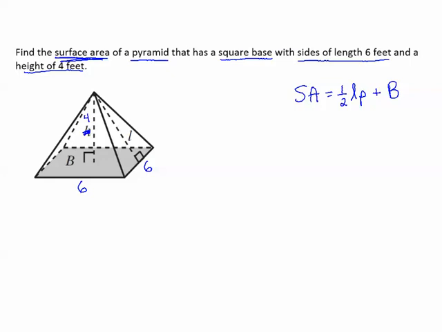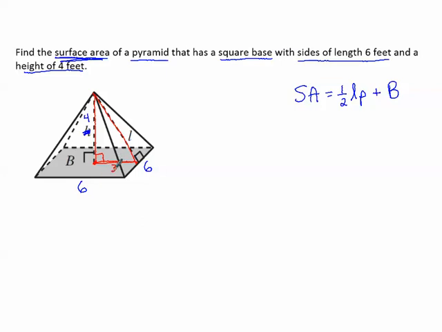So remember that the slant height can be found by looking at this right triangle and using our Pythagorean theorem. The height is 4. The base of the triangle, well, it's not given, but if all the way across is 6, this triangle starts at the center and goes to the edge, so that's half of 6.